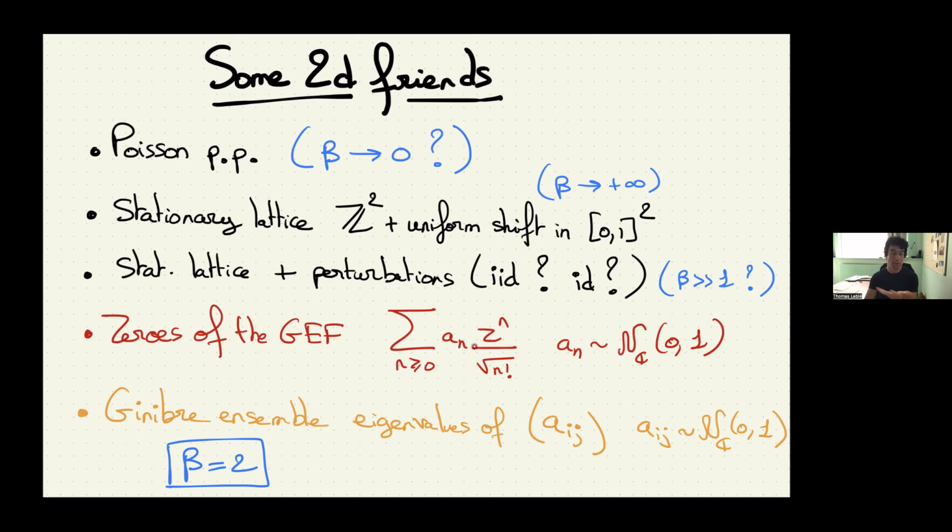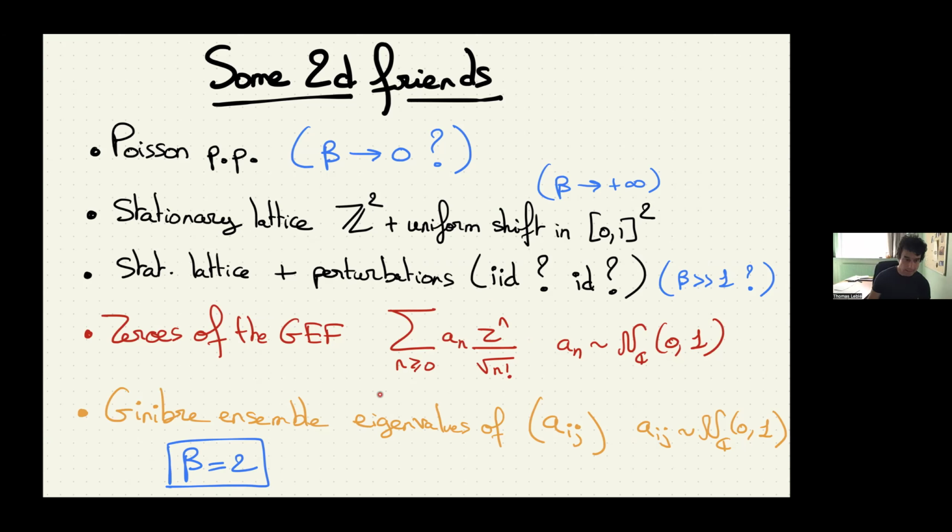And so you could look at the zeros, and they form a random point process in the plane. This is called the zeros of the GEF, and this has been studied a lot by Tsirelson, Sodin, and there's a big community in Israel studying those functions. So they form a class of 2D point processes, and this one is one example.